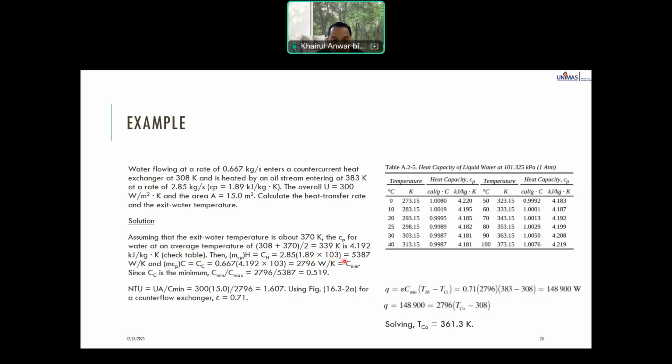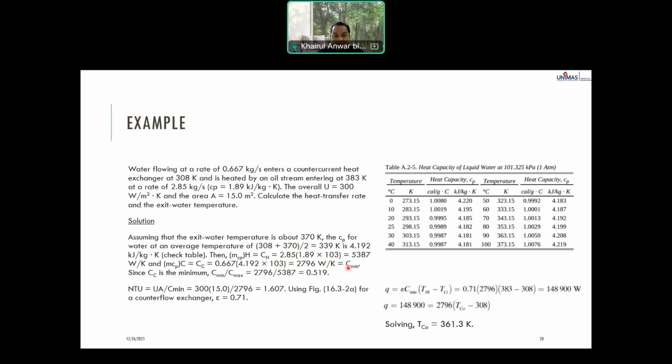So the Cp for the water is from appendix A, number 2-5. And m Cp cold, C refers to the cold, equal to C min.